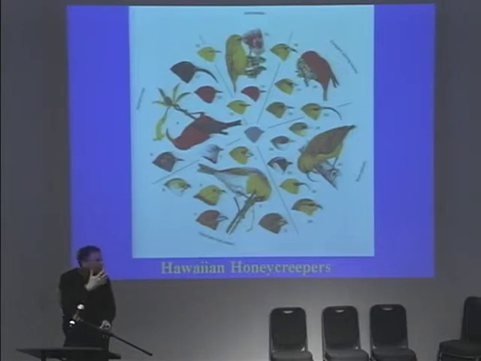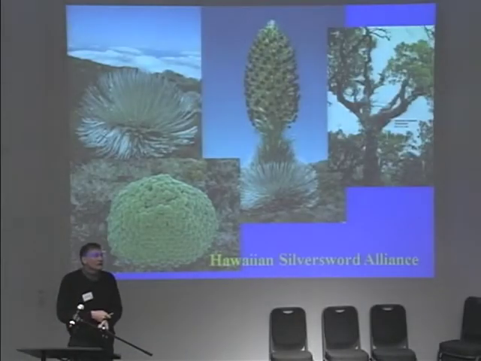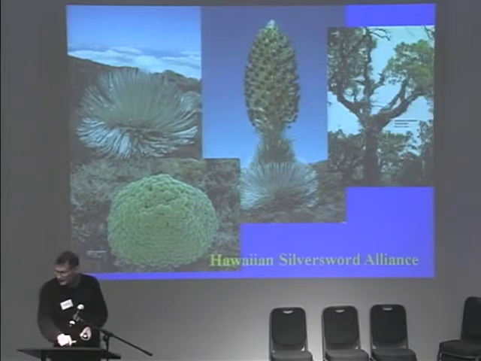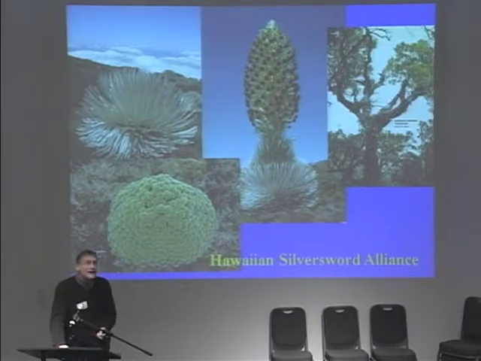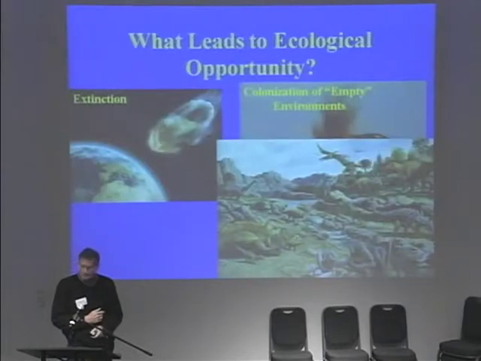So the idea is they get to this island, these niches, these ways of life, are not being utilized, and they diversify and fill these ecological spaces. I realize my terminology is going to get me in trouble with some of you here. Many other examples of this, for example, the Hawaiian silver swords in Hawaii and many other cases on islands. Clearly the idea is that you have this empty ecological landscape, ecological opportunity, spurring adaptive radiation.